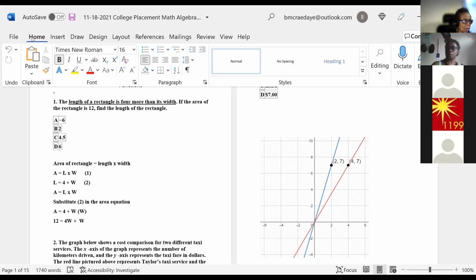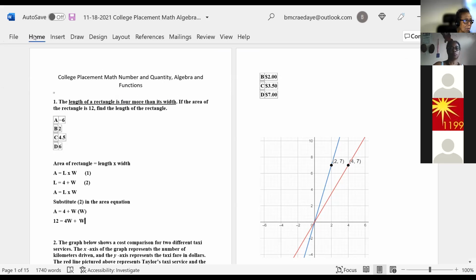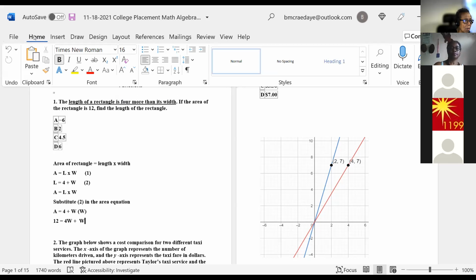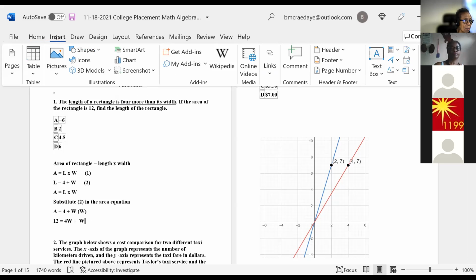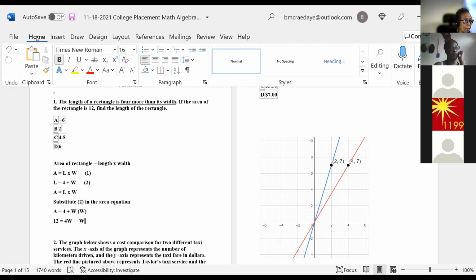Let's see if I can get the little 2 up there. It's not coming up here.